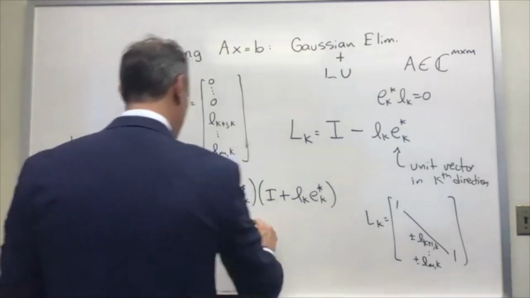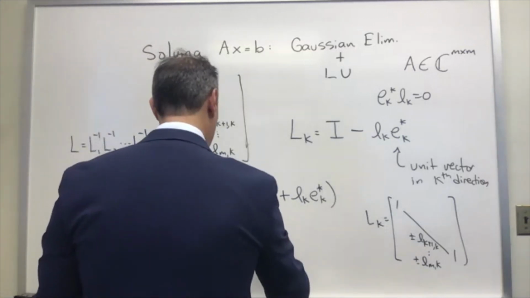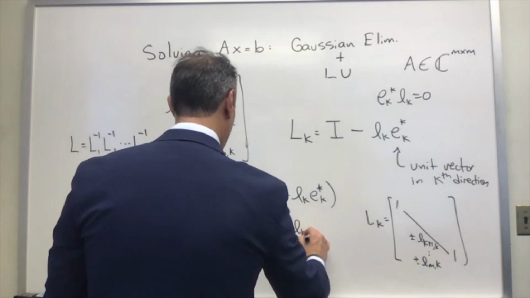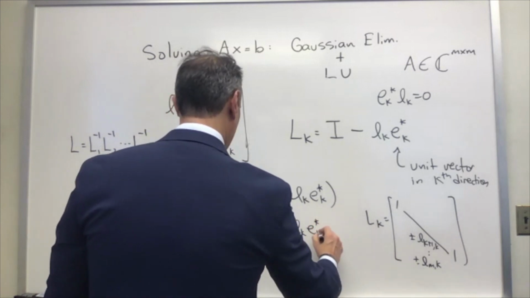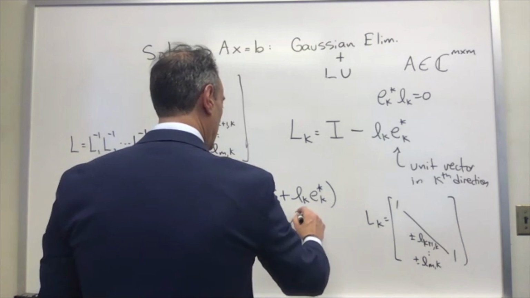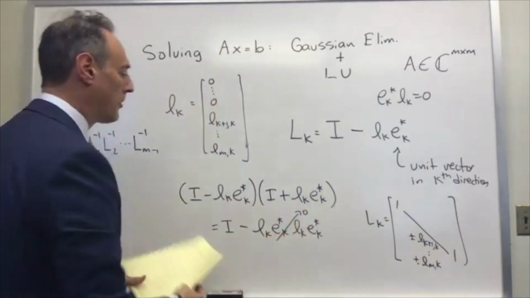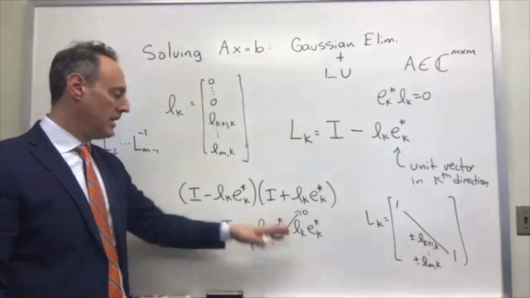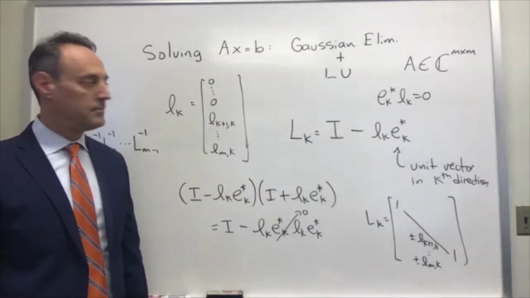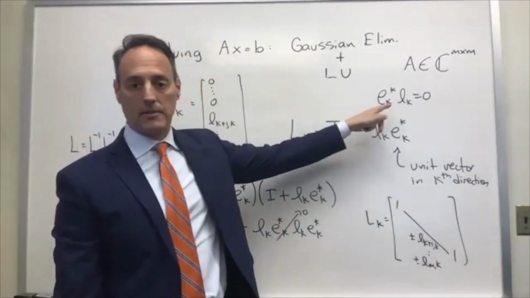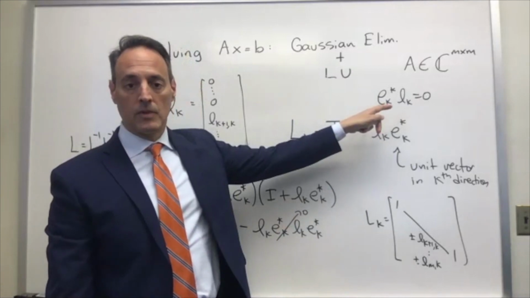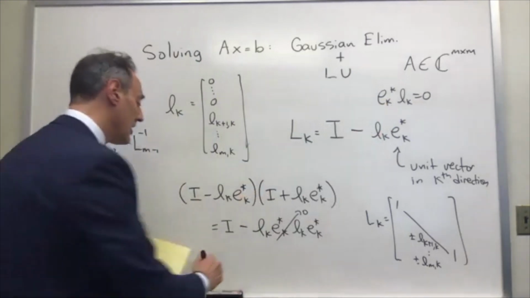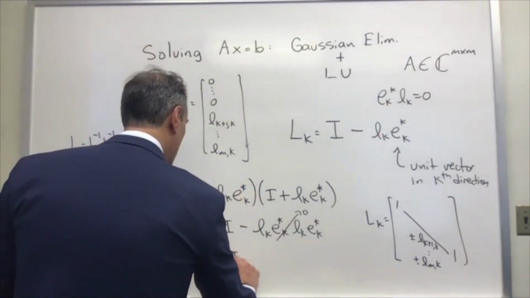And then you get minus L of k E star of k L of k E star of k. And this here is 0. When you multiply out these four vectors, outer products and inner products, this becomes 0 because you have this inner product. So the main observation is that this results in the identity.